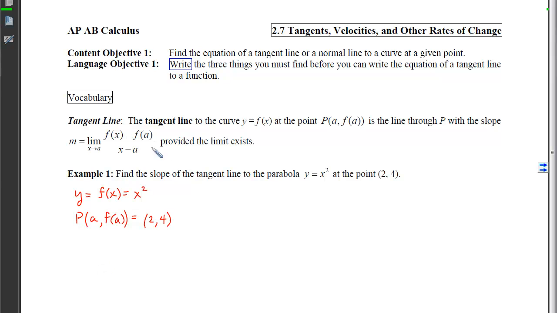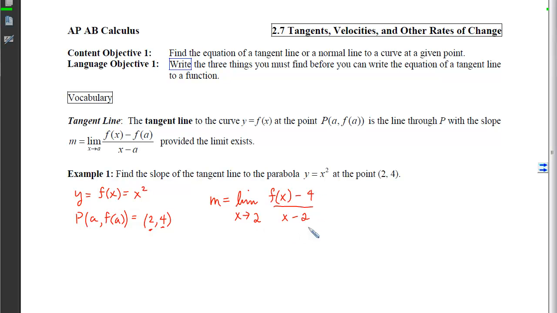So if we want to set up our tangent slope m, it will be the limit as x approaches a, which is 2, of f of x minus f of a, which is 4, over x minus a.